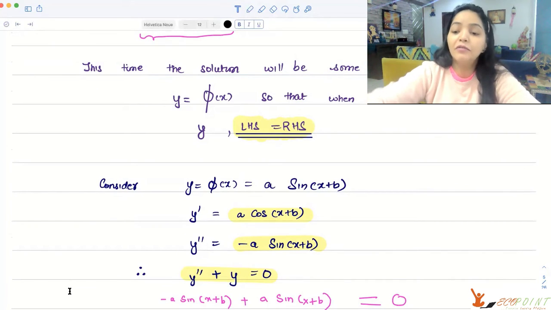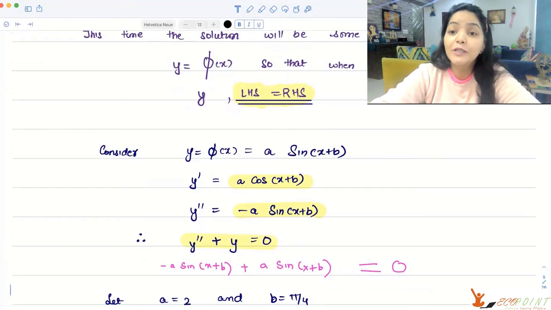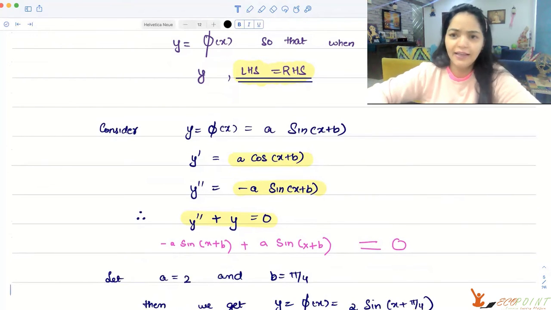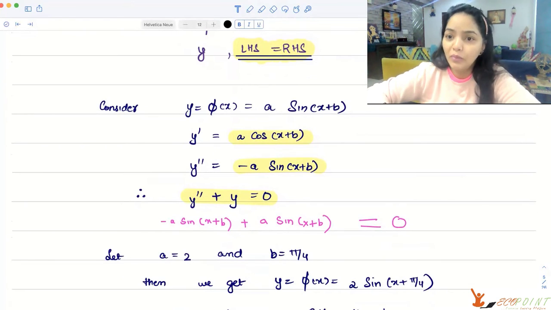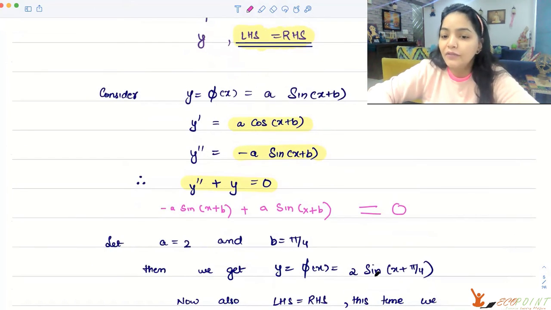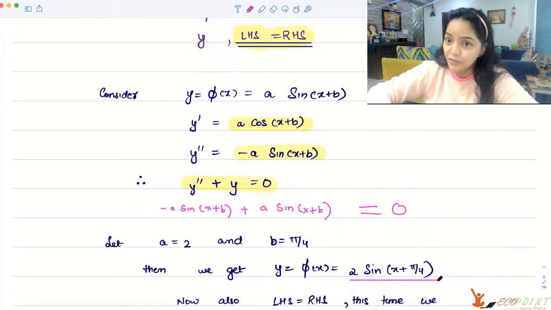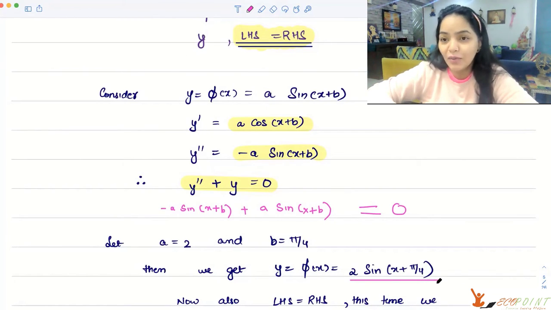In case a and b get some specific values, like say, when a is 2 and b is pi by 4, your y will be equal to twice sine of x plus pi by 4. Mind you, when you differentiate, d2y upon dx square plus y will still be equal to 0.